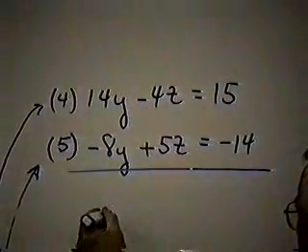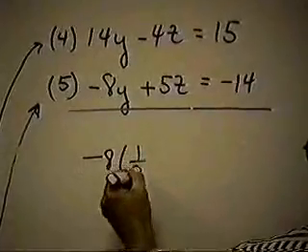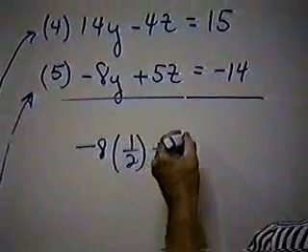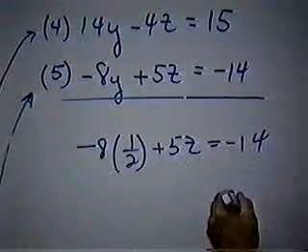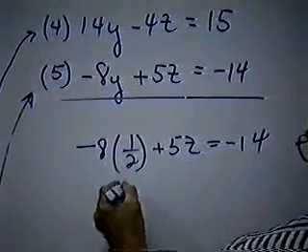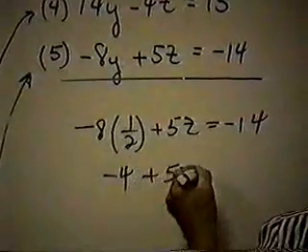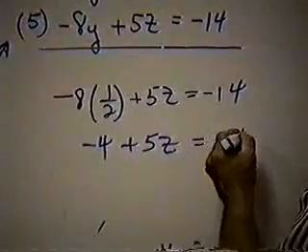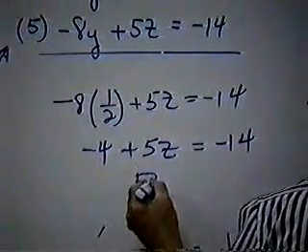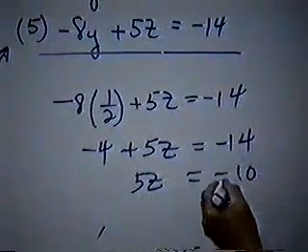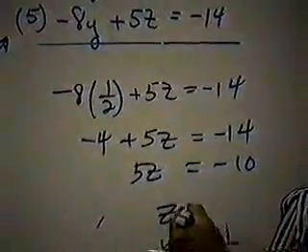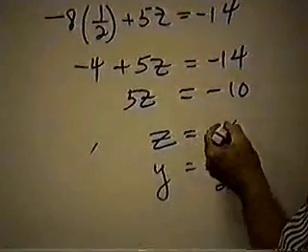We have minus 8, y is 1/2, plus 5z is equal to minus 14. This gives us minus 4 plus 5z is equal to minus 14. This gives us 5z is minus 10. So we end up getting z to be minus 2.